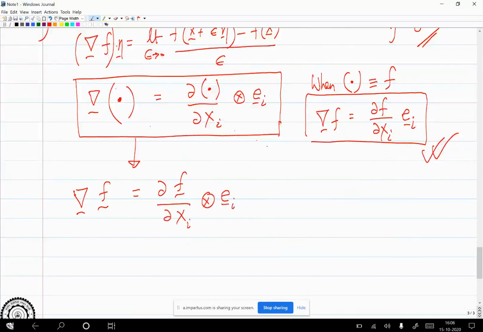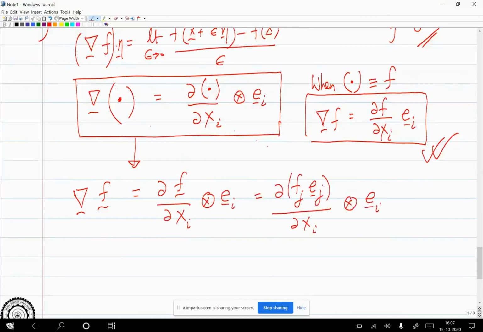If you expand f in terms of ej, you could also write this as del of fj ej with respect to del xi, tensor product ei.